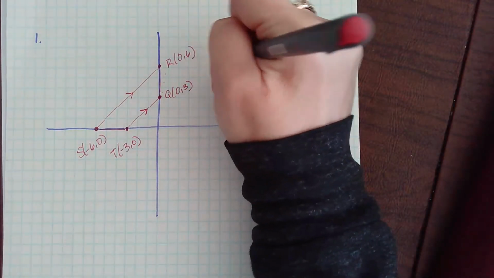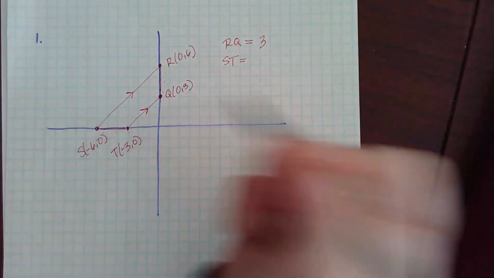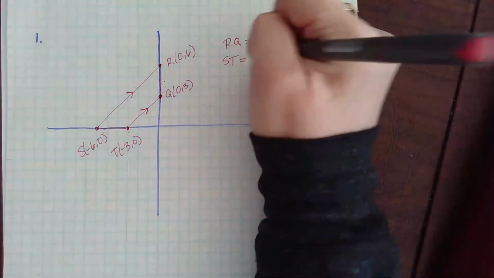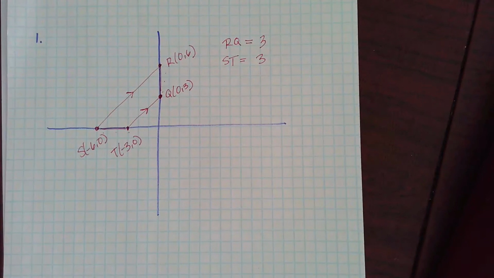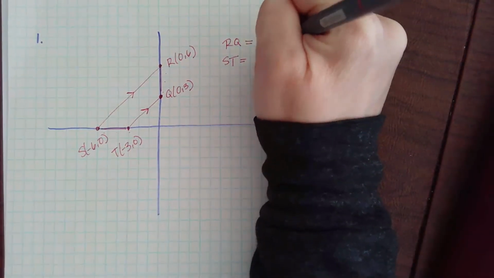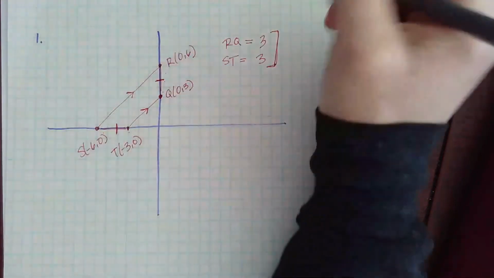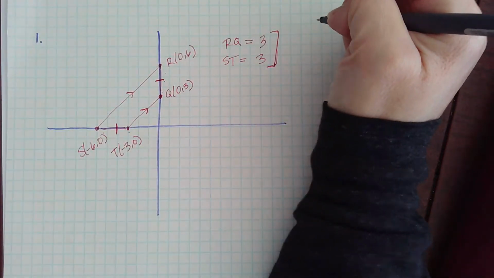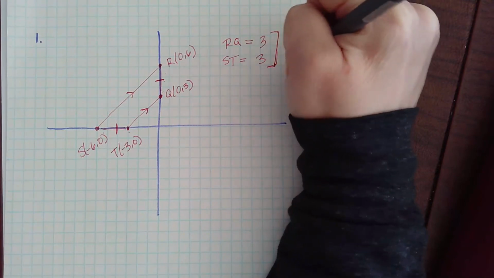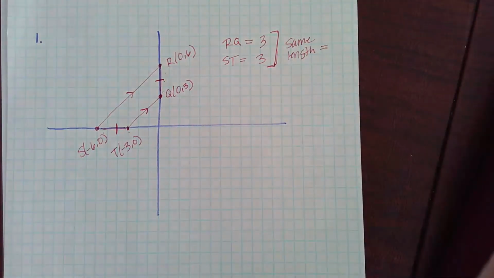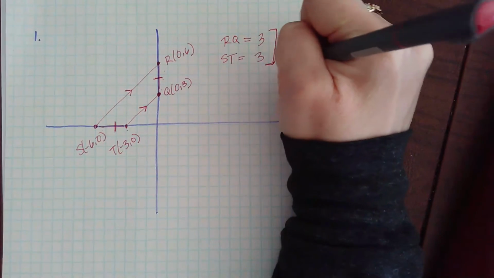And then you want to show the distance from S to T. Same deal, it's a horizontal line this time, but the distance is 3. Because these are both the same distance, this proves that this side is congruent to this side, and therefore, because they're the same length, I'm going to write same length equals isosceles trapezoid.